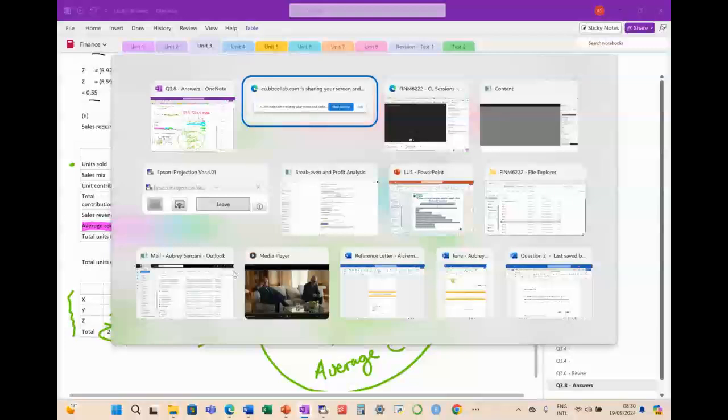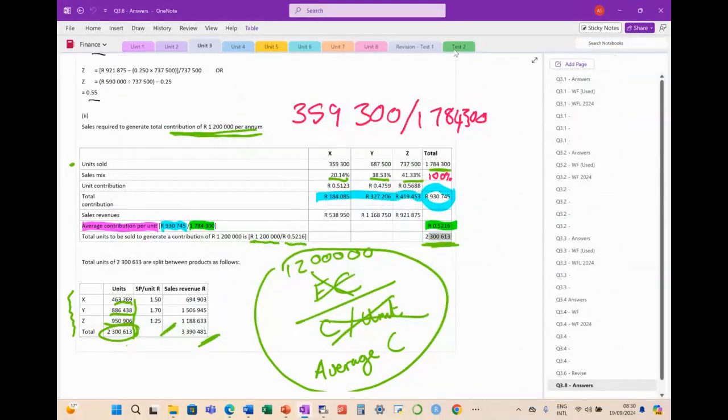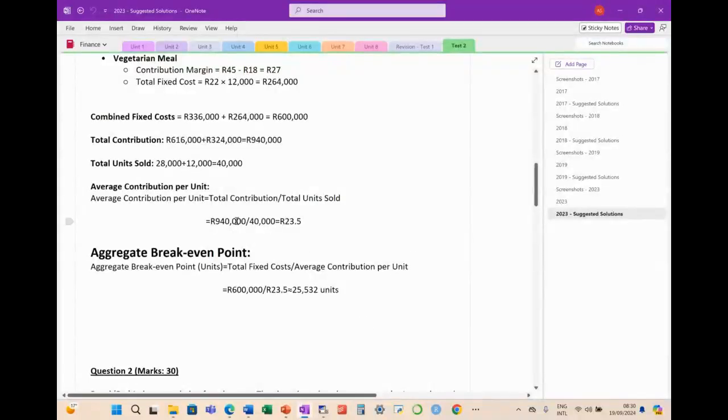Okay, so here, let's go back to what we were actually dealing with. So yeah, we've gotten now our contribution, average contribution per unit, which is 23.5. Okay, let's see if this thing is now, why is it misbehaving like this?